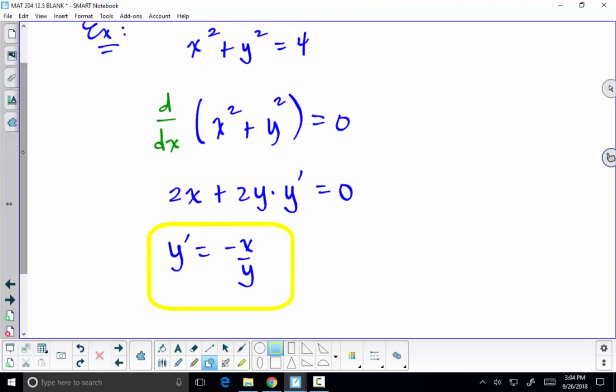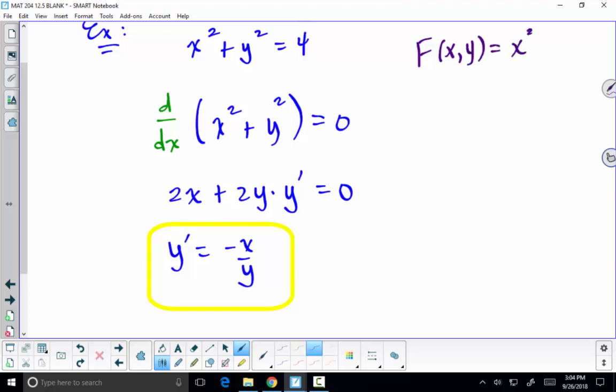Now there is another way, and that is using this notation here. We could say that F of x, y is x squared plus y squared. So now my perspective is that I have built a surface with a level curve.